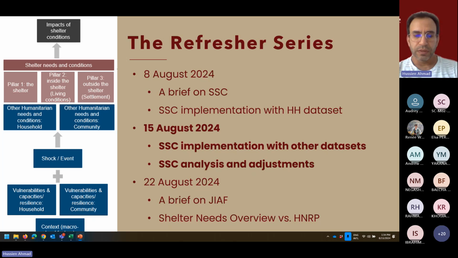Before I start here, I will ask you to put in the chat if your country cluster doesn't have a MSNA. So if you are the coordinator or the IMO in one of the country clusters, please just put the name of the country cluster and say that it doesn't have a MSNA or it has a MSNA. So we have a collection of how many clusters don't have a MSNA.